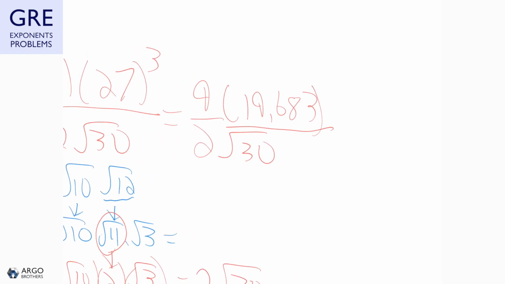Okay, so we just find out what 9 times this number is, and that would be 177,147 divided by 2 radical 30. Awesome. So that is the answer.